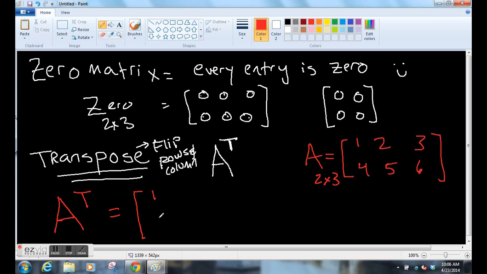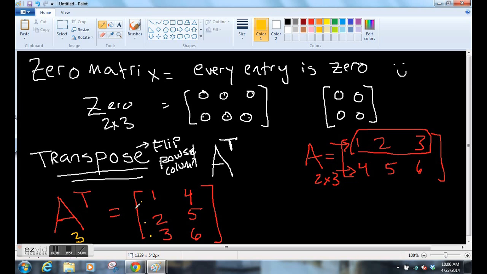So now it's 1, 2, 3, because this first row turns into a column. The second row turns into the second column: 4, 5, 6. And you will notice the dimensions of the transpose matrix are 3 rows by 2 columns.